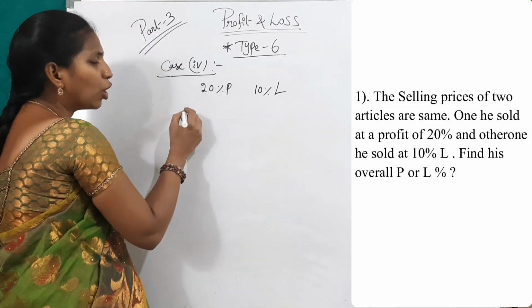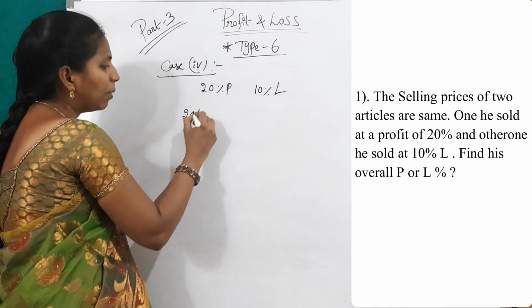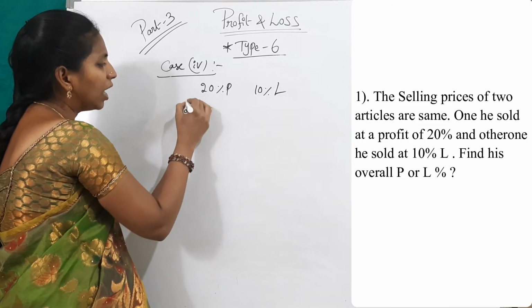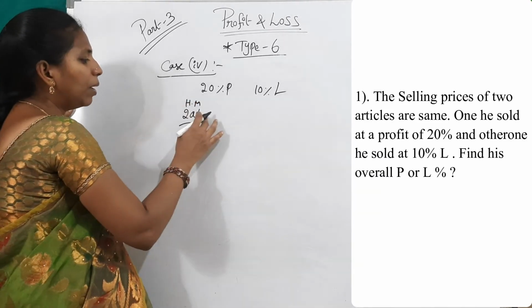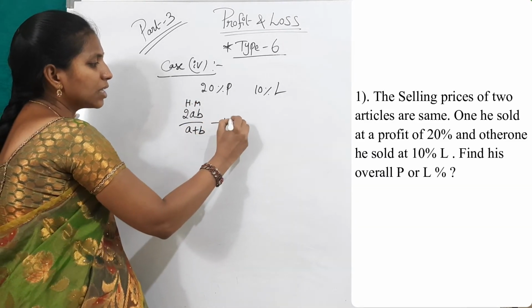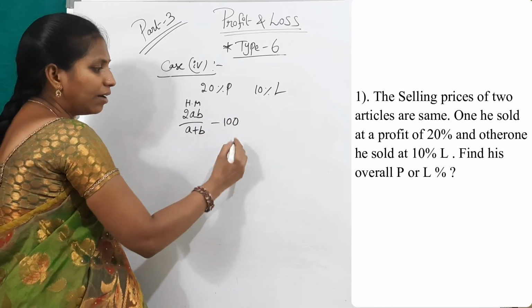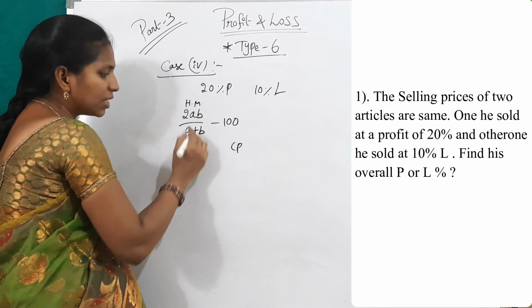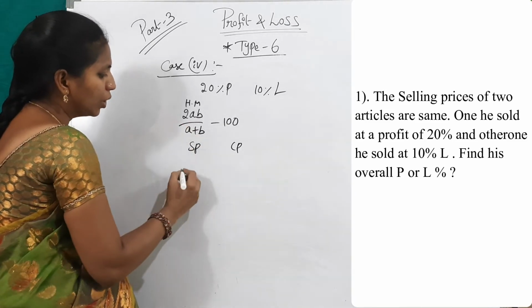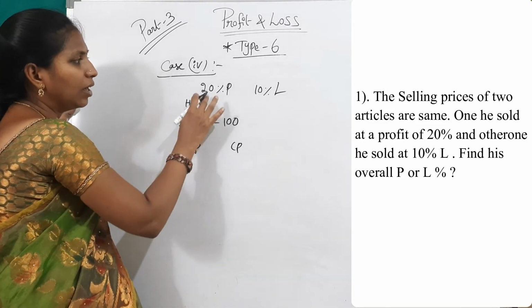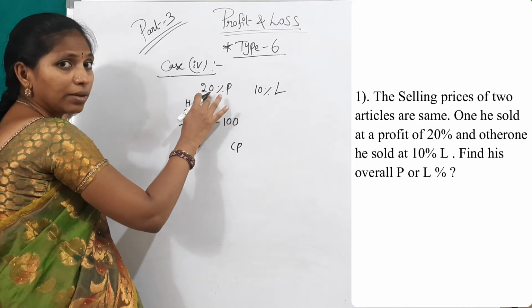In this case, the formula is 2ab by a plus b, take the harmonic mean. 2ab by a plus b minus 100. Here 100 is the cost price and this is the selling price. Now substitute values. 2 into ab. Here this is not A, remember this.